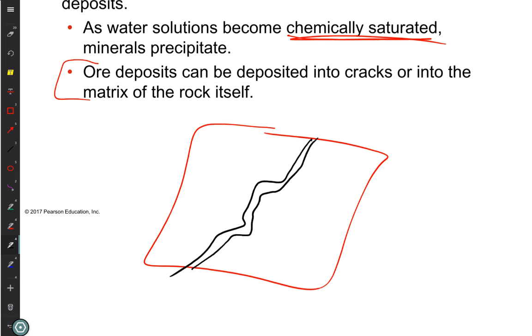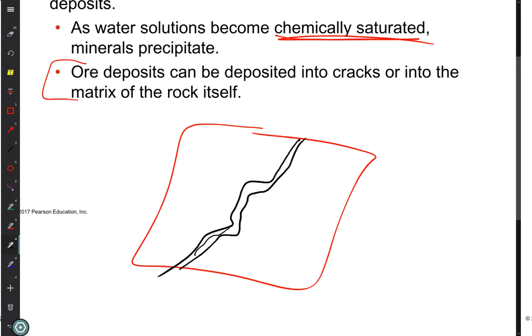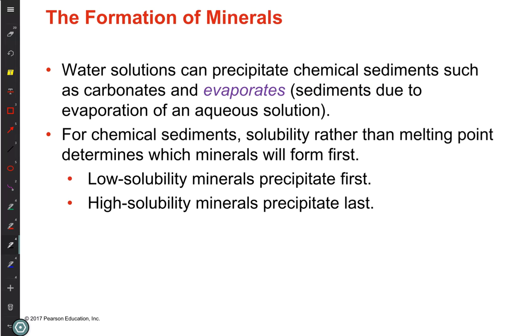Oftentimes it's going to be calcium carbonate that was deposited and eventually fills that crack with whatever kind of mineral was in the water. And so that's what causes those veins, if you will, in rocks, is water going through cracks and depositing more rock.